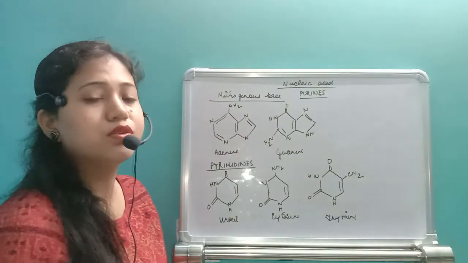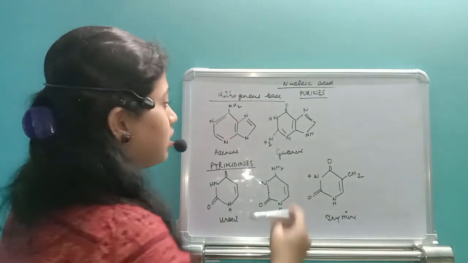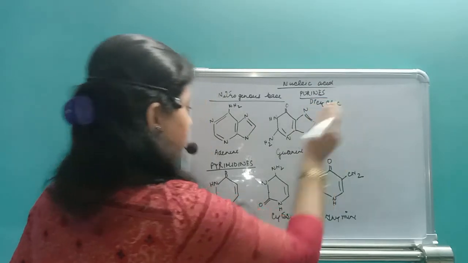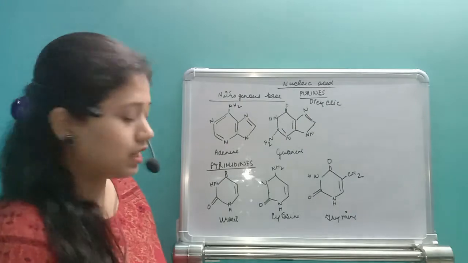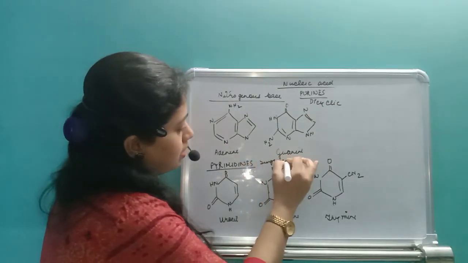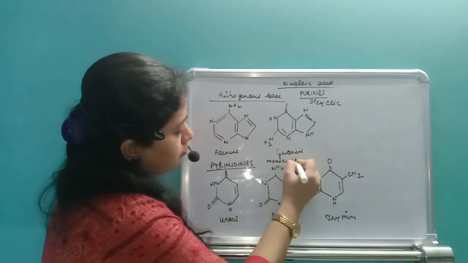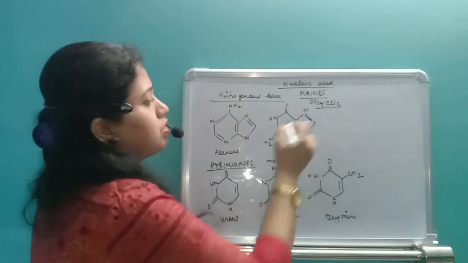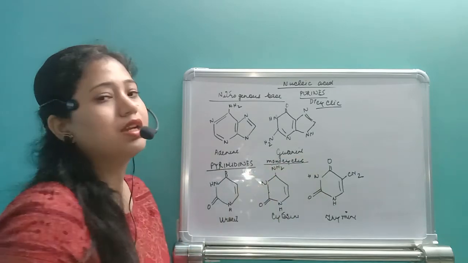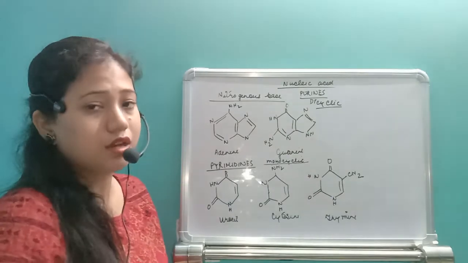The basic difference between purines and pyrimidines is that purines are dicyclic compounds, and pyrimidines are single-ring or monocyclic compounds. So purines are dicyclic, two rings are fused, and pyrimidines are monocyclic, having only one ring. Next, see the structures. One is adenine and another is guanine.